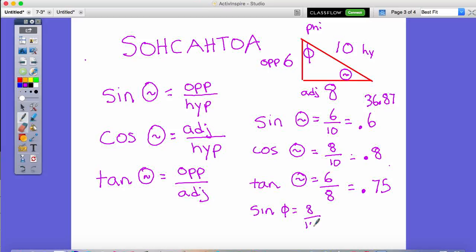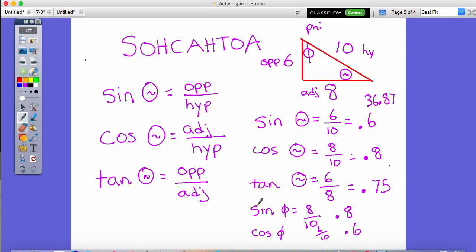The hypotenuse is 10. So the sine is 0.8. The cosine of phi is the adjacent. And you might start noticing a pattern there that, yes, that's a little bit more involved trigonometry, but yes, the sine and the cosine of the acute angles, the ratios are the opposite.